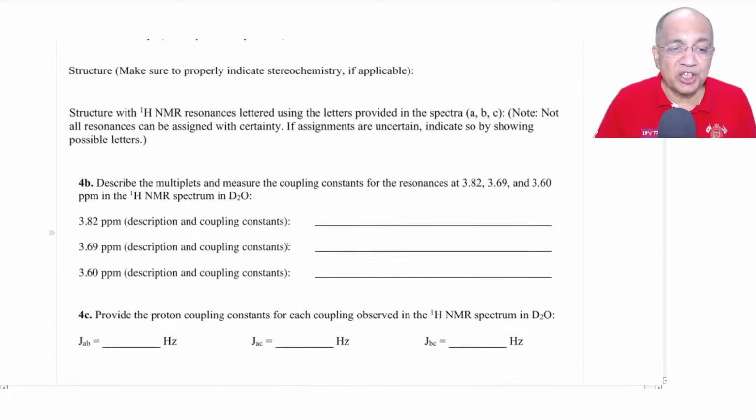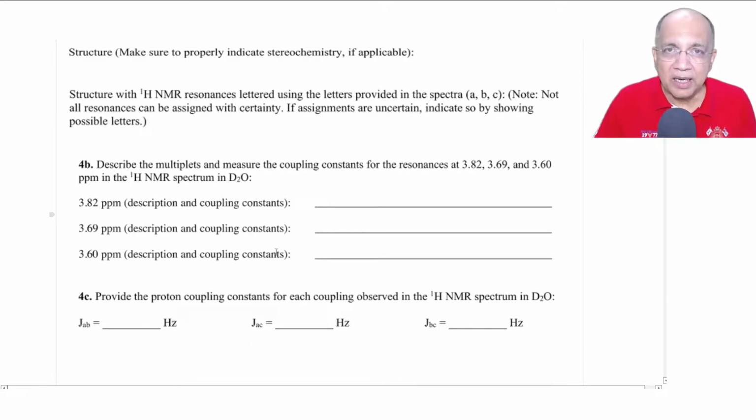Now these are the three proton peaks, at 3.82 the most downfield peak. And you have to explain the description of that peak: doublet of a quartet or triplet of a triplet. So you have to describe the peak pattern.